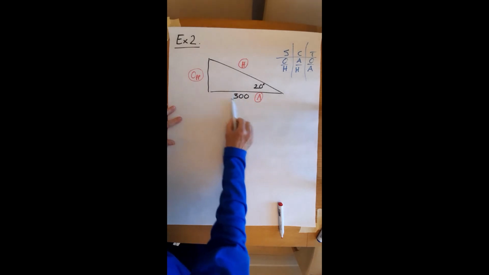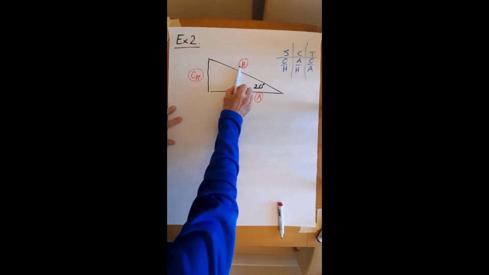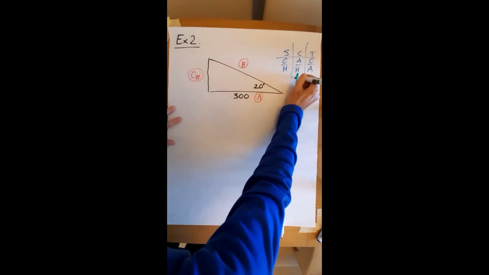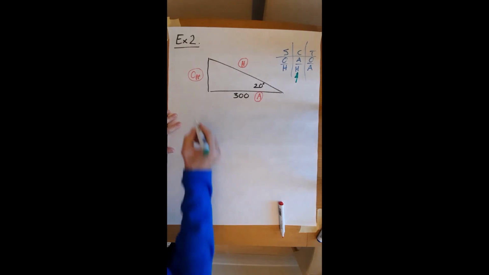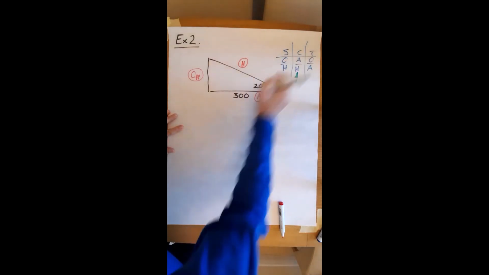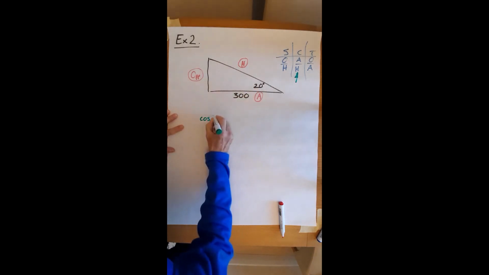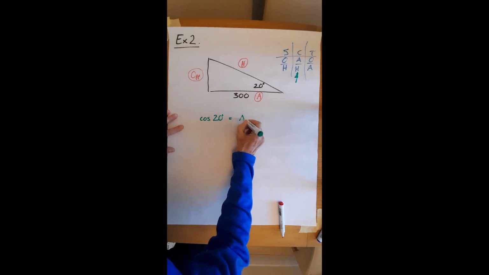What do we know? I know this one. A, what do I want to find? H. So A and H appear in this formula here. So let's write that down. We would write the cosine of the angle you know is adjacent over hypotenuse.